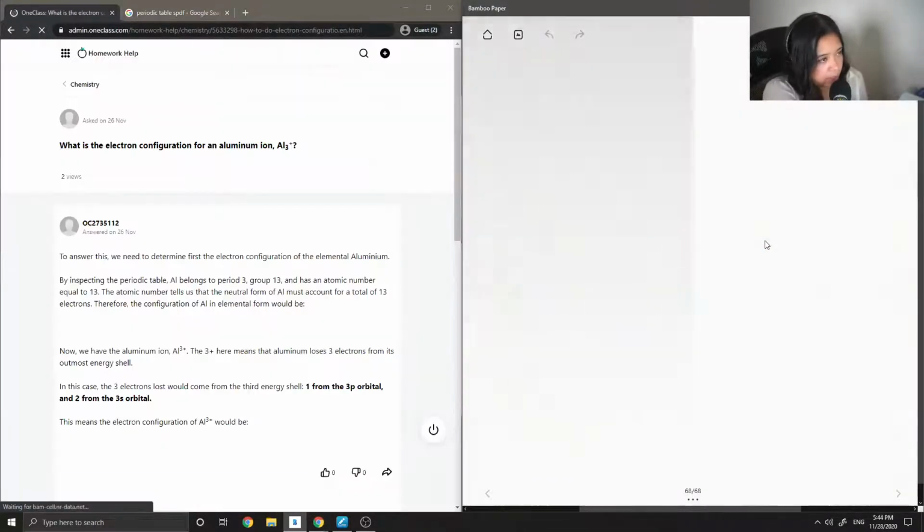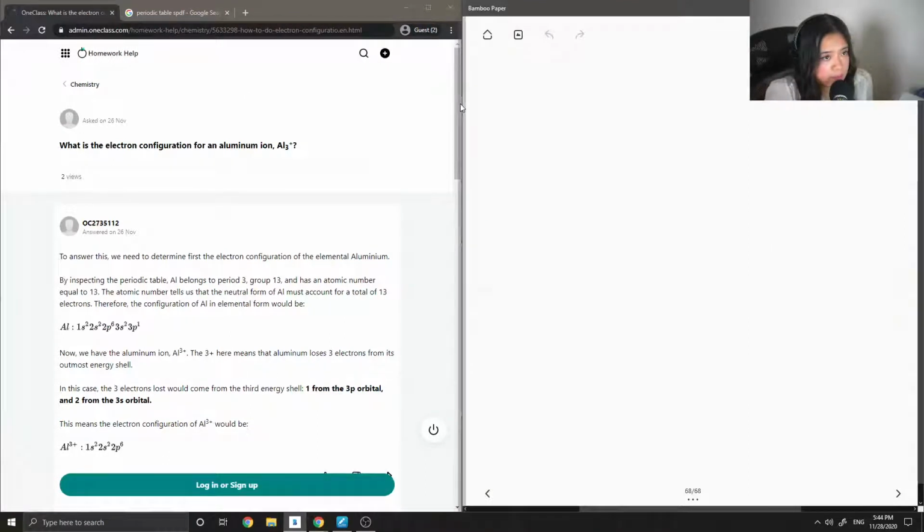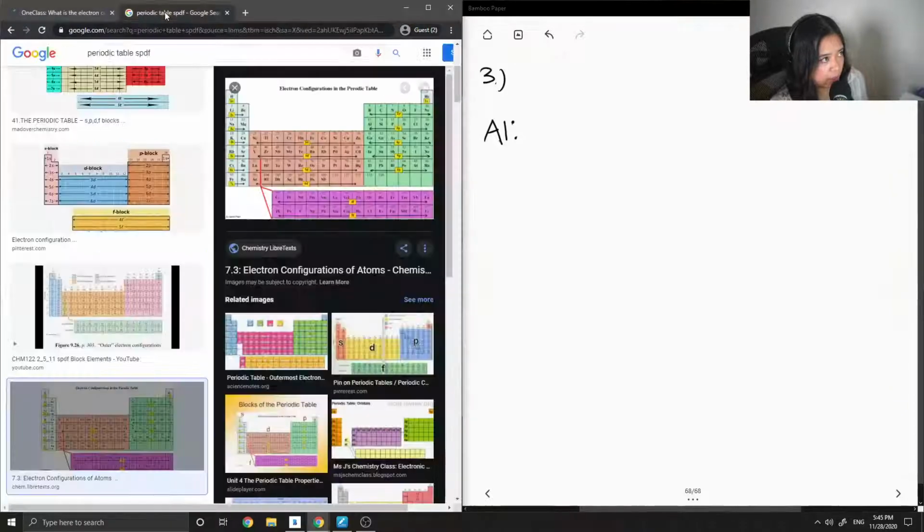Okay, so on to question 3, another electron configuration question. What is the electron configuration for an aluminum ion, aluminum 3+? So whenever I have electron configurations that require an ion, I like to first write down the electron configuration of the neutral atom.